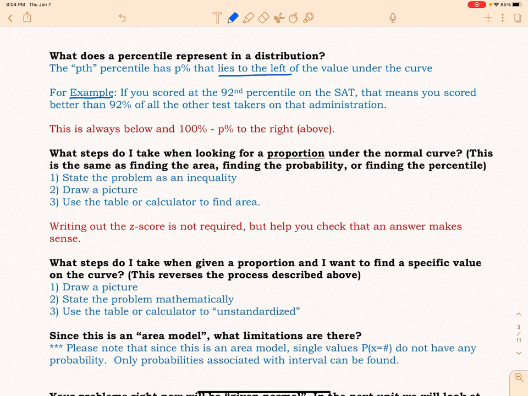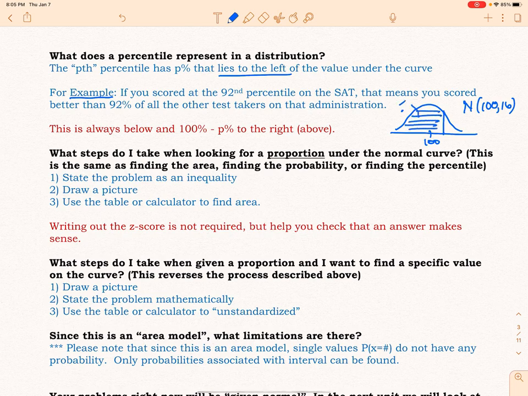If you're looking at it as far as graphing it on the normal curve, let's say I'm just going to revisit my IQ distribution because it's easy and I remember what it is. Let's say I wanted to know the 75th percentile. What value is the 75th percentile? Well, 75% of the graph is going to be roughly here.